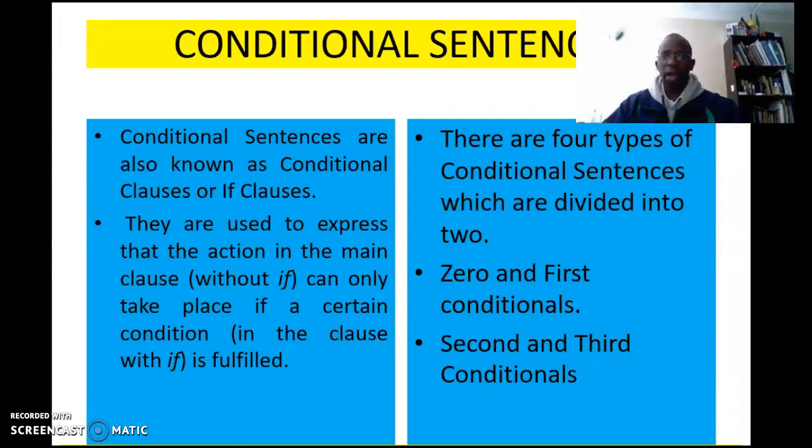On the other hand, we have the other category of the second and third conditionals, whereby these conditional sentences are not about things that could be true. That's why we call them hypothetical situations, because they present cases that will never be true, since they present things that have already taken place in the past.